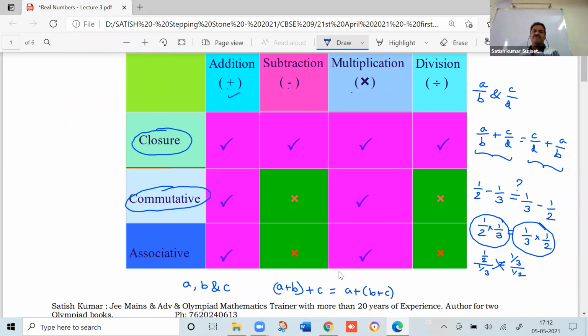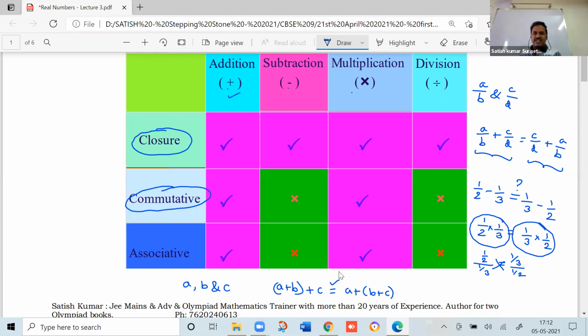When A, B, C are rational numbers, will the left side value and right side value be the same or different? It will be the same, sir. That means rational numbers satisfy associative property with respect to addition.